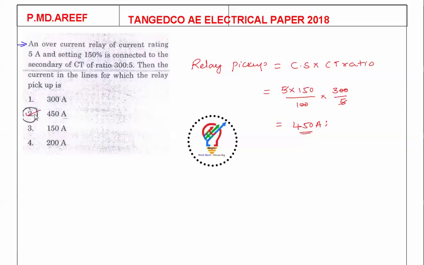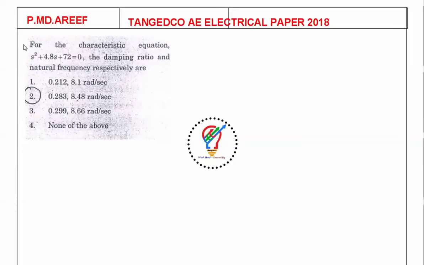Next question is from the control systems. For the characteristic equation, they have written s square plus 4.8 s plus 72 is equal to 0. The damping ratio and the natural frequency are respectively.